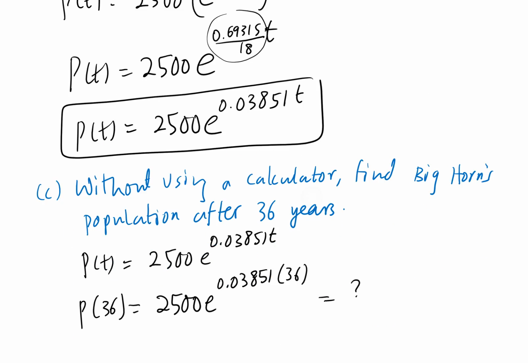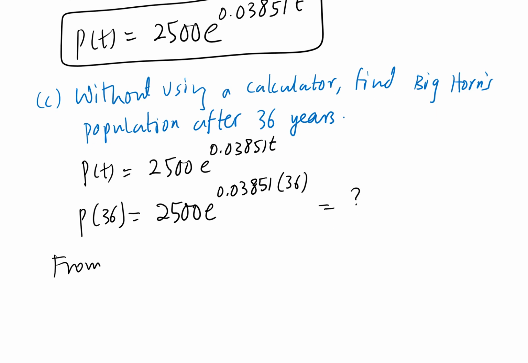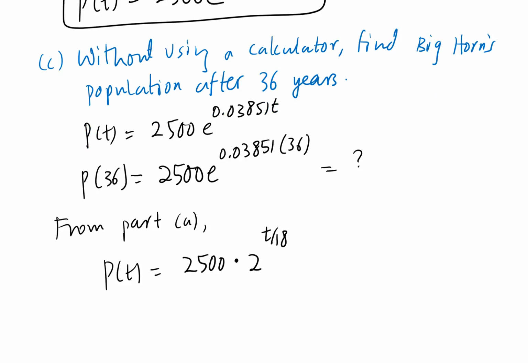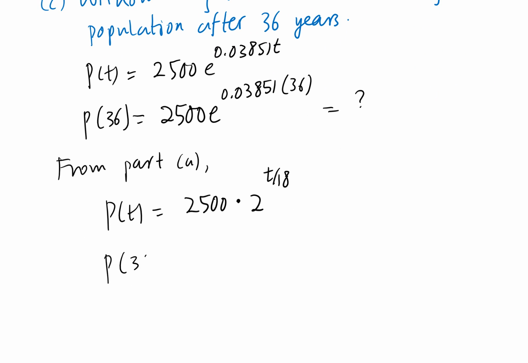From part A, we had P of t was 2500 times 2 to the t over 18. Now if I substitute t equals 36, 2500 times 2 to the 36 over 18.